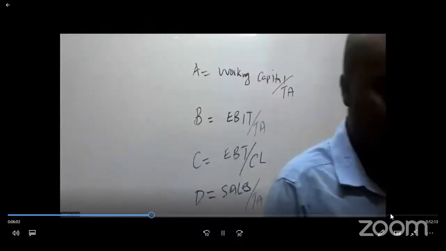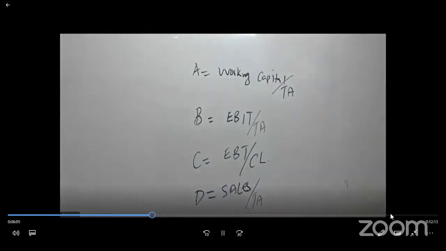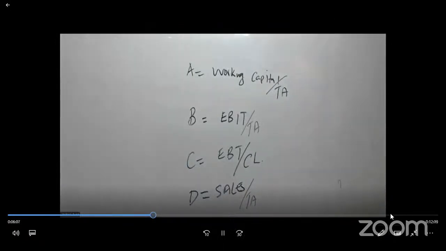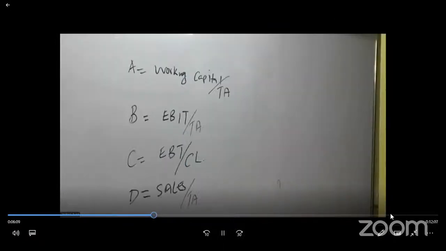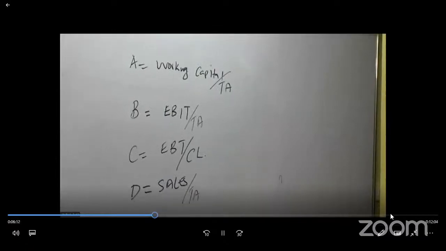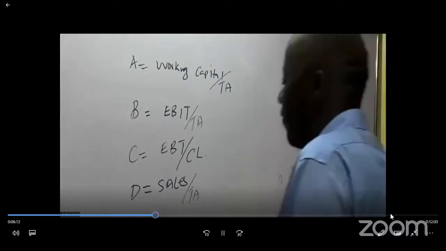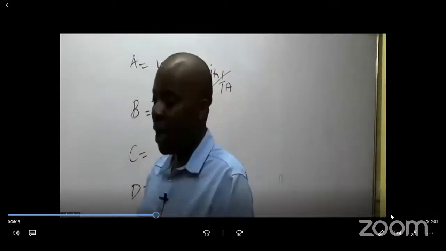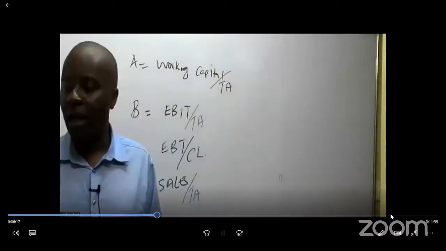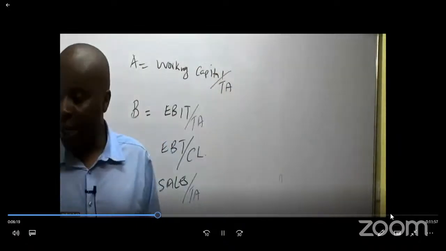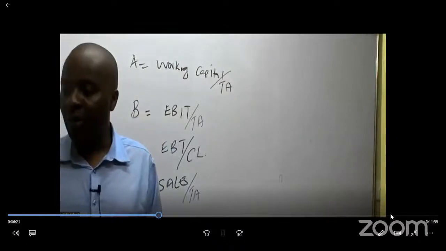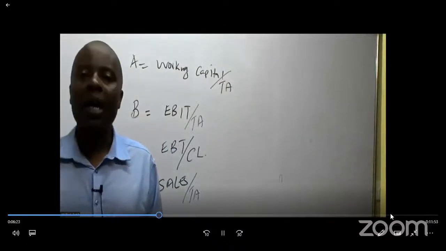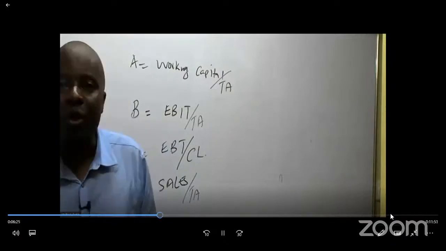Go to the information given there and be able, ladies and gentlemen, to identify the working capital given. In most cases, they will never give you working capital directly. In most cases, they will be giving you current assets and current liabilities.